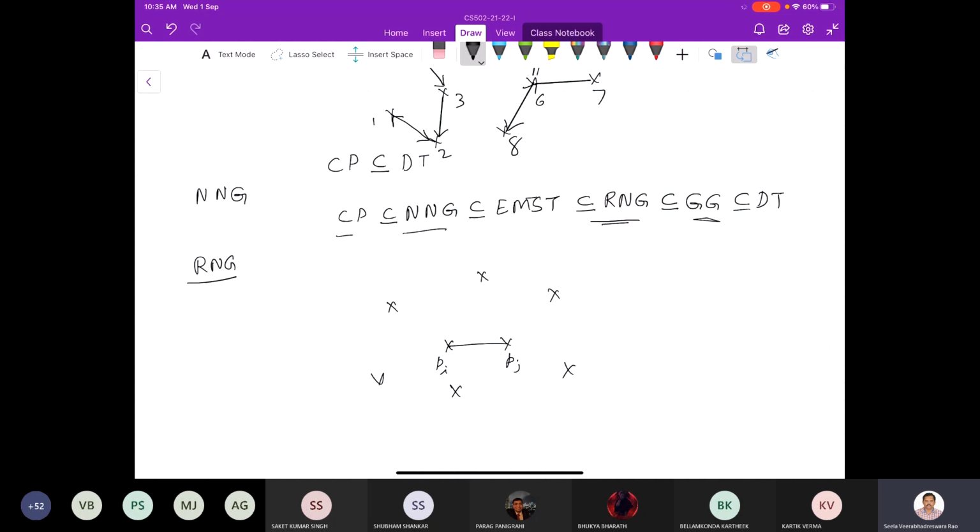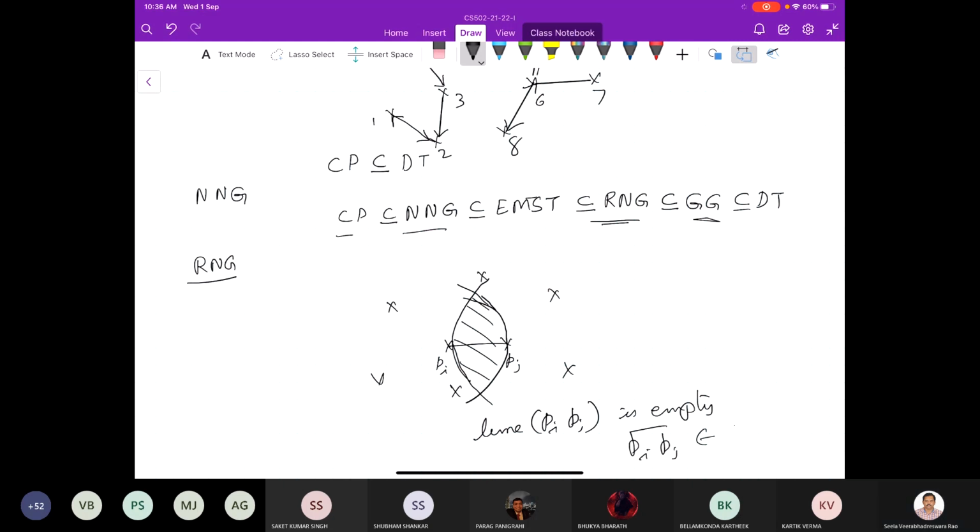Pi is a circle center and PiPj is the radius. Similarly, take Pj as a center and PiPj as the radius. If this region is empty, we call it the lune between Pi and Pj, then this edge PiPj belongs to the relative neighborhood graph.